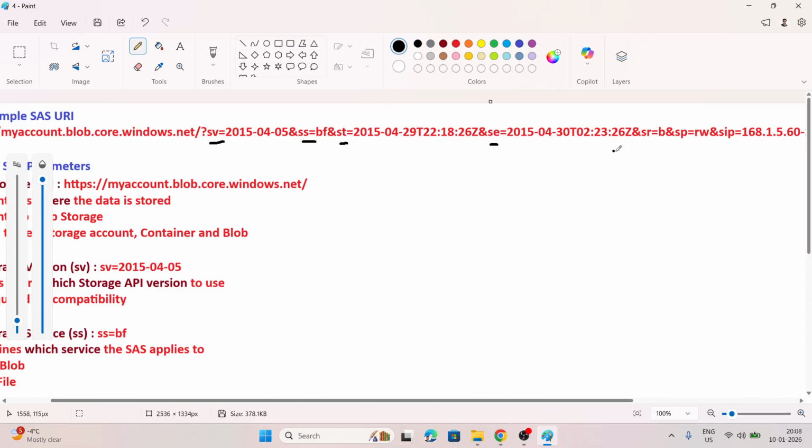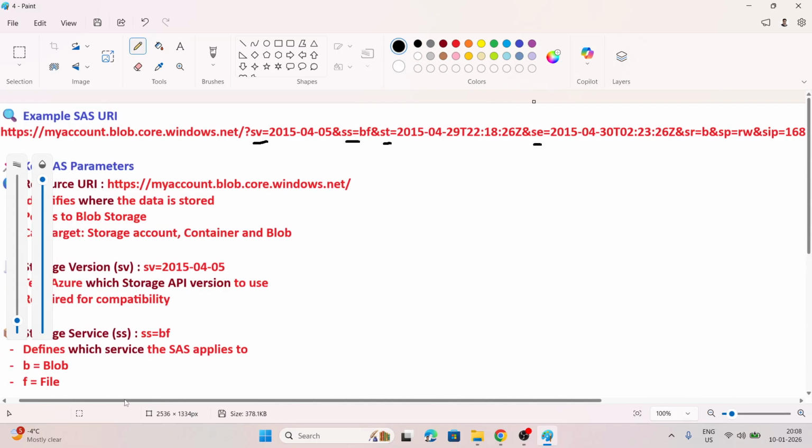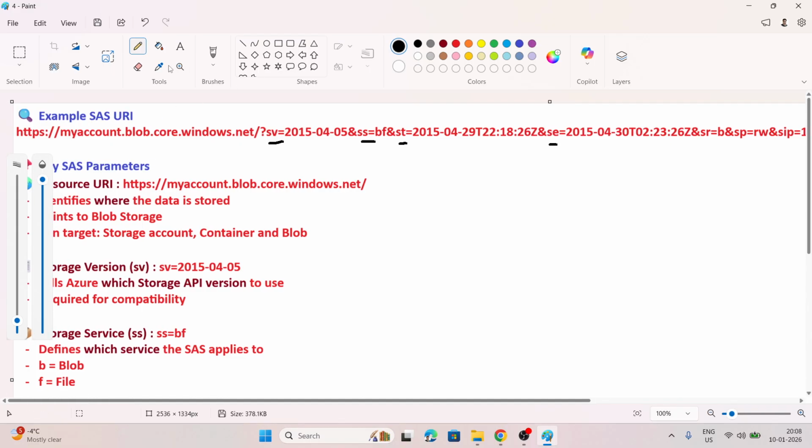ST, this is the start time. So let me discuss one by one. These are the key SAS parameters. Your resource URI is this one, HTTPS myaccount.blob.core.windows.net. It identifies where the data is stored, like it points to blob storage, and can target a storage account, container, and blob.